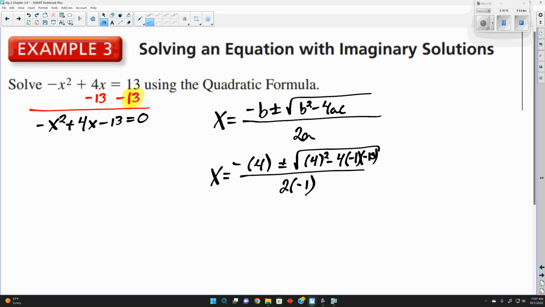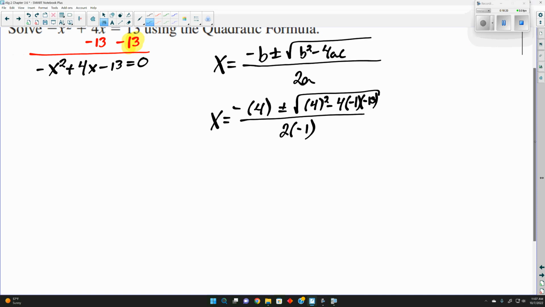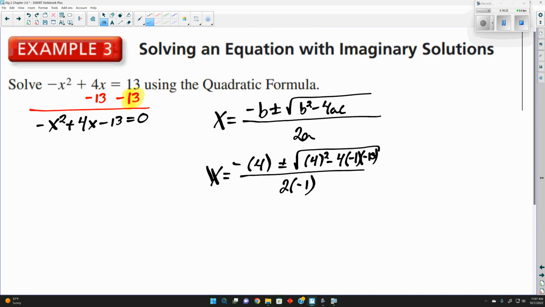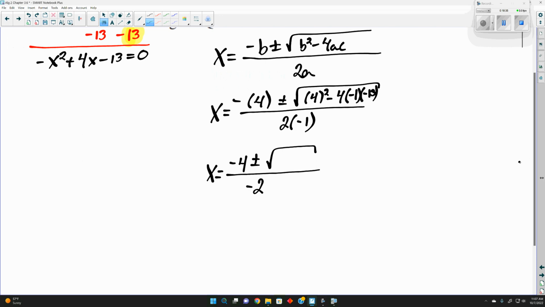Questions on how we plug this in? Now again, at this point, we would simplify. So we would have negative 4 plus or minus the square root, and in the denominator, we would have negative 2, because 2 times negative 1 is negative 2.